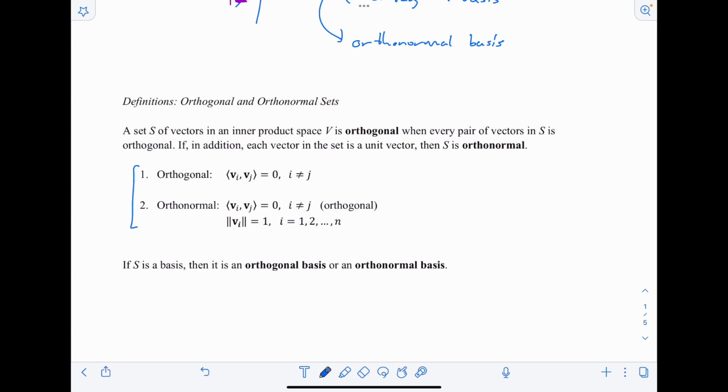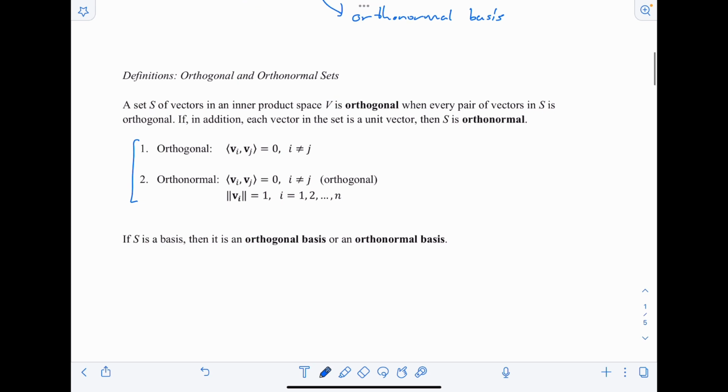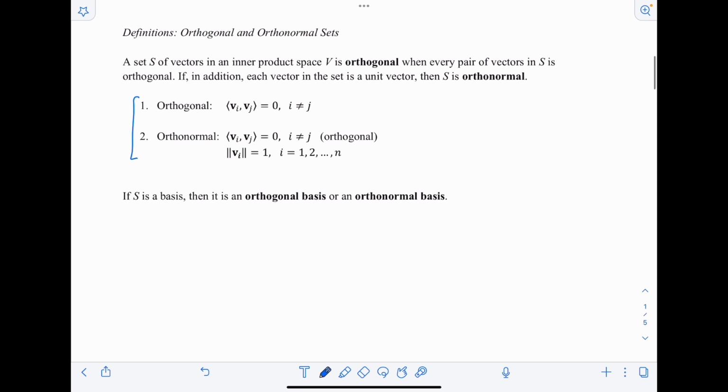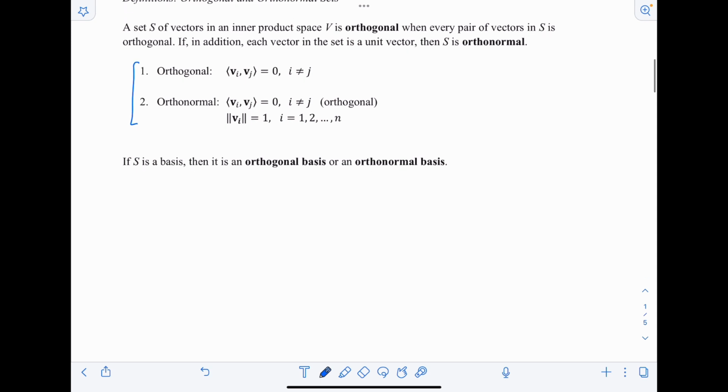Then orthonormal has that property plus the magnitude or length of every vector in that basis will also be 1. So if S is a basis, then it has an orthogonal basis or an orthonormal basis. That just summarizes what we just talked about.